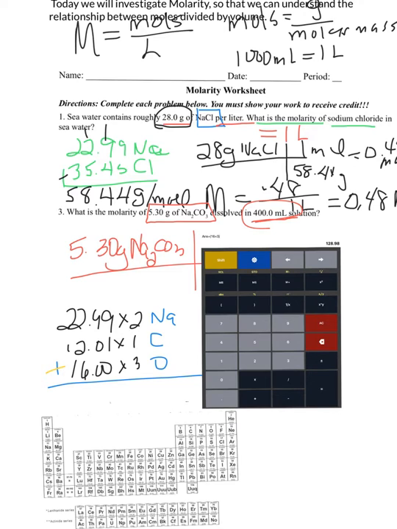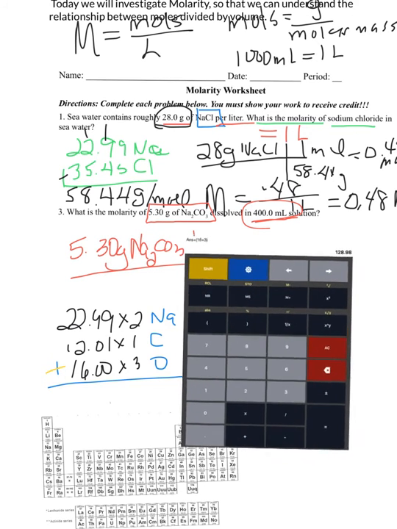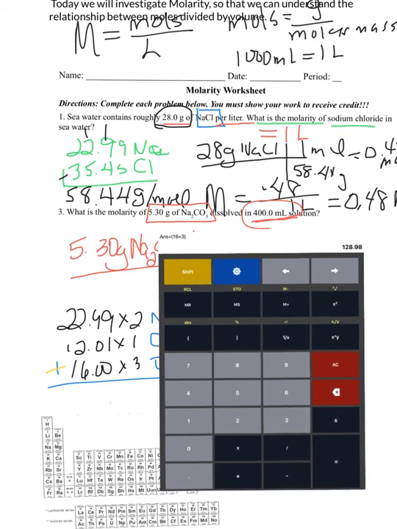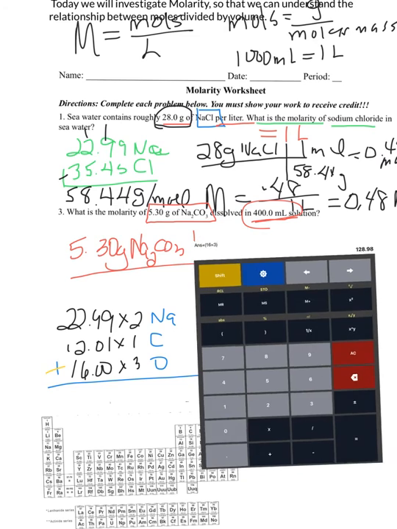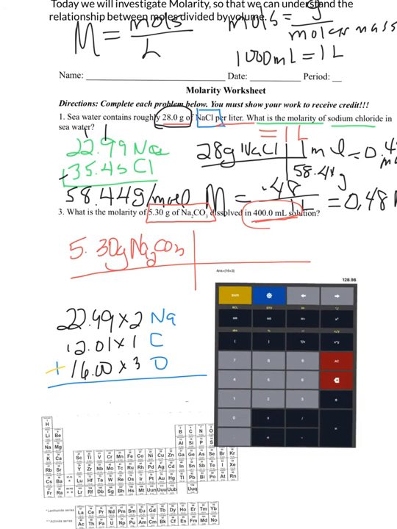You need to multiply everything out first, then add all your answers together. And as you can see here, our answer is 128.98. So when we write that down, 128.98 grams per mole. This is our molar mass.